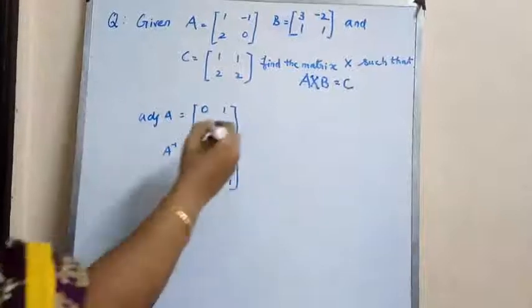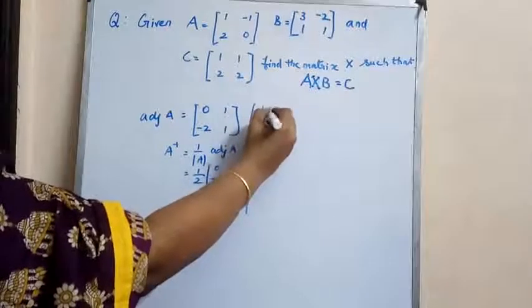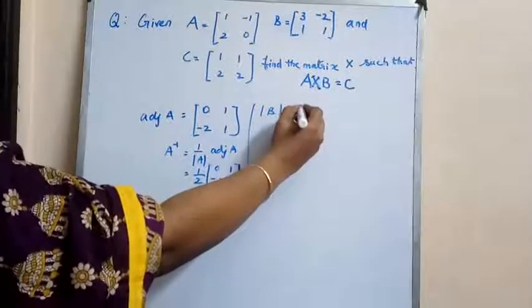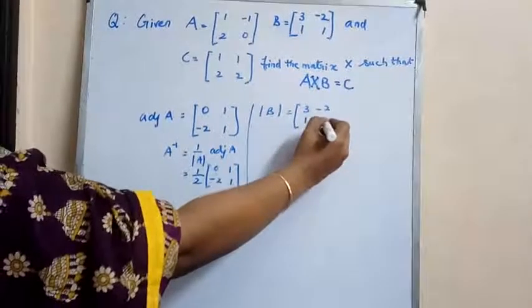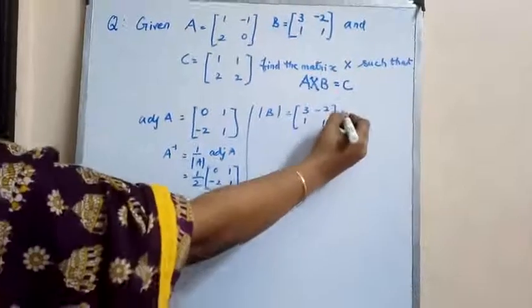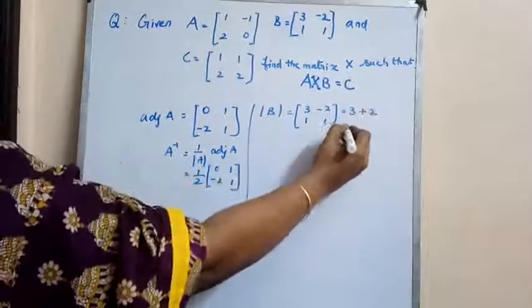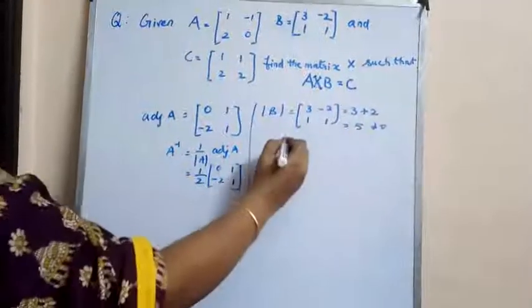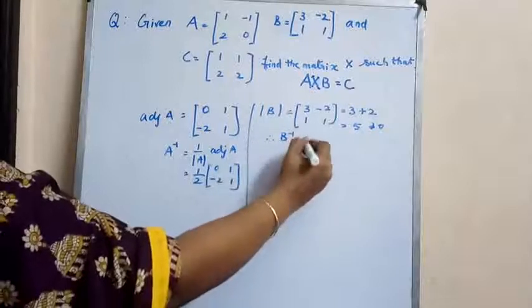Now we have to find B inverse in a similar manner. So first thing we have to check is determinant value of B. From the matrix of B, we get determinant of B is equal to 3 plus 2, which is equal to 5. So that's not equal to 0. So B inverse exists.